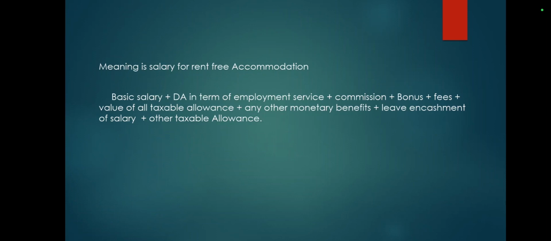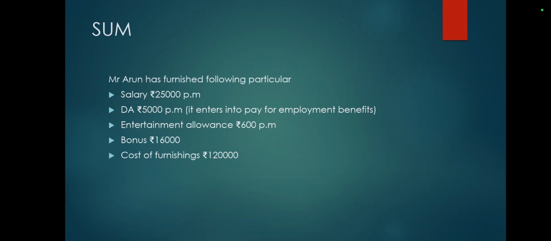Now we can see an example sum on how to calculate rent-free accommodation. Mr. Arun has furnished the following particulars: salary 25,000 per month and dearness allowance 5,000 per month, which enters into the pay for employment benefit.